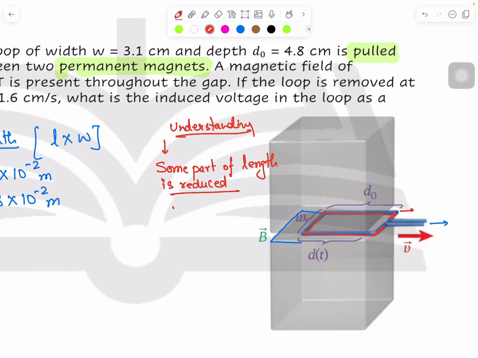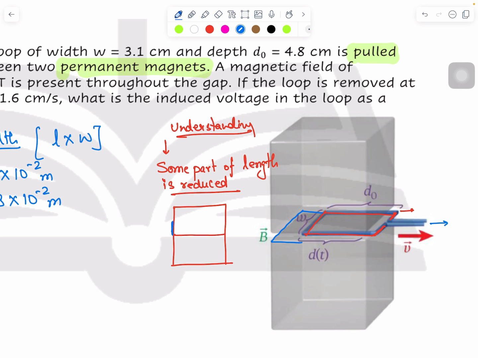Try to understand again. This is your first value. This is the length and this is your width. This is the width W and this is the length L. And now if you start pushing it, it is coming out. Now what is the new situation?